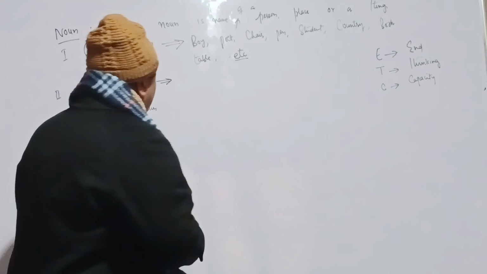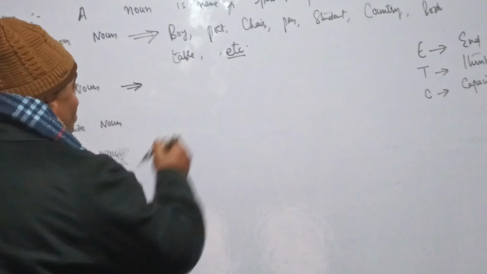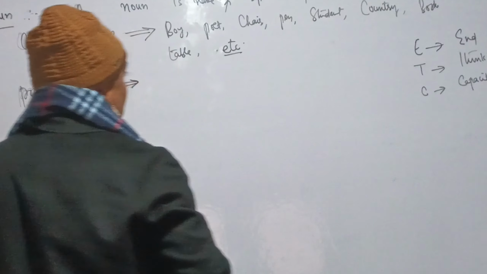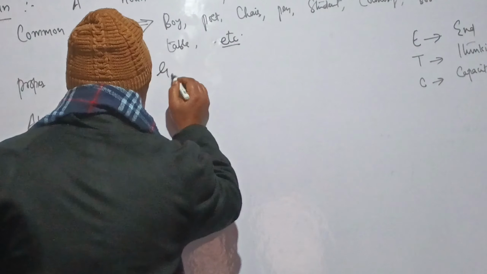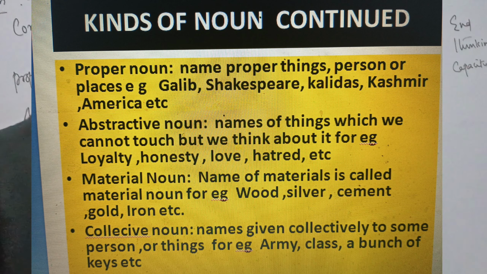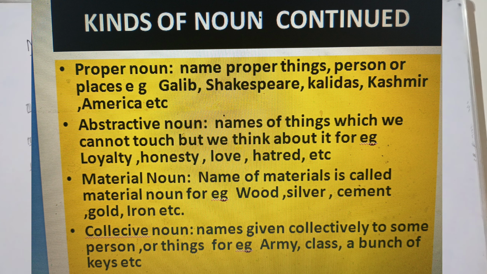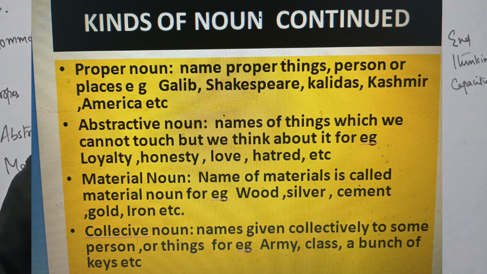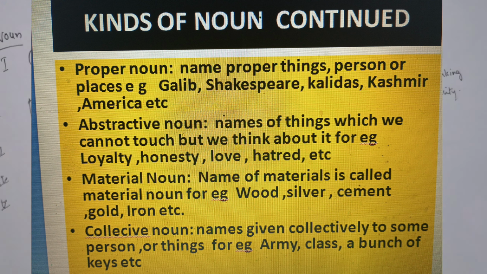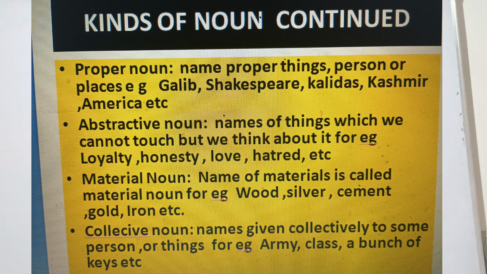For example, if you take the example of the poet, you have a number of poets, but Ghalib, the Urdu poet, is a proper noun, and at the same time, Shakespeare is the great dramatist and poet of the English literature.